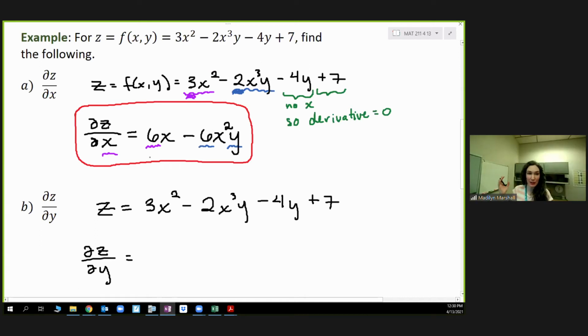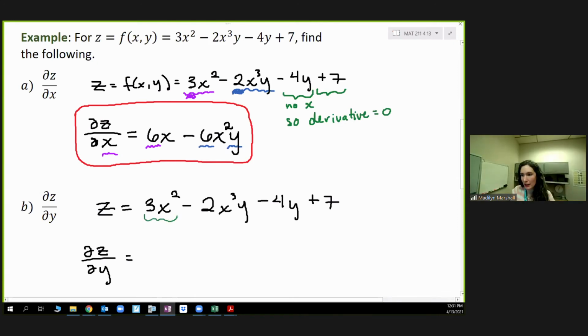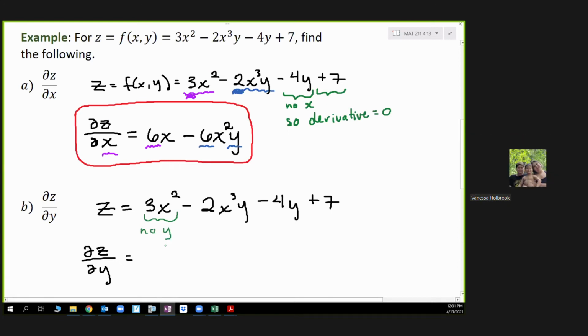Sometimes we get similar elements, but it's not necessarily the case. So let's start with the first term. 0? 0, exactly. Since there's no y here, that is going to go away completely.